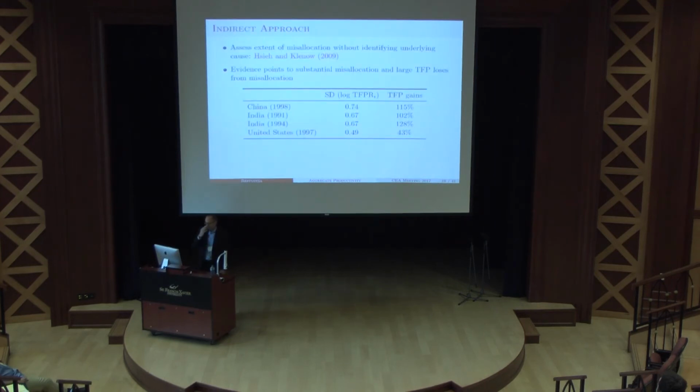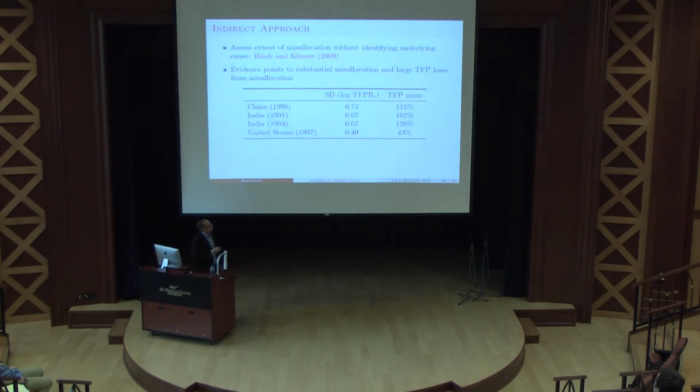And then what they found is, not surprisingly, substantial losses of productivity caused by misallocation. So here I have the two measures. This will be the measure of misallocation in the sense of dispersion. Here it is characterized as the standard deviation of the log of TFPR across these plants in the manufacturing sector.